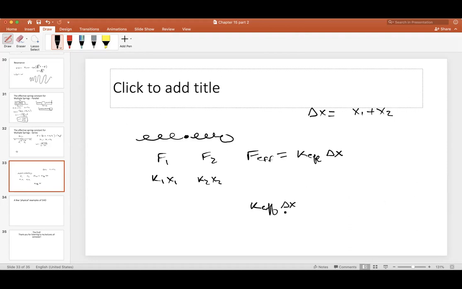And what we're going to say here is that x1, right, is equal to force 1 over k1 from here, and x2 is equal to force 2 over k2 from here, and k effective is equal to force effective over delta x, right?